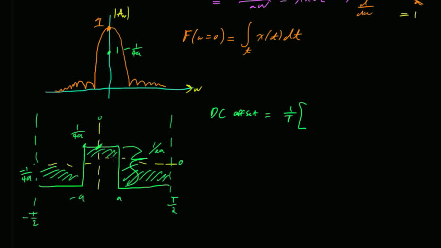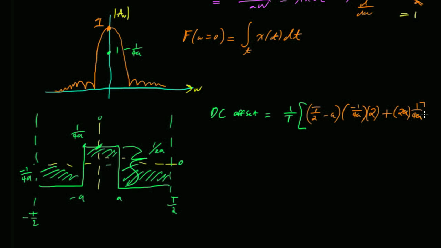Okay, well, let's start with this area. This first area here is T over 2 minus A times minus 1 over 4A. So it's the base, which is T minus 2A over 2, times the height, which is minus 1 over 4A, and times it by 2, because this and this are going to be exactly the same. Okay, and now we're going to add this rectangle, where the base is 2A and the height is 1 over 4A.